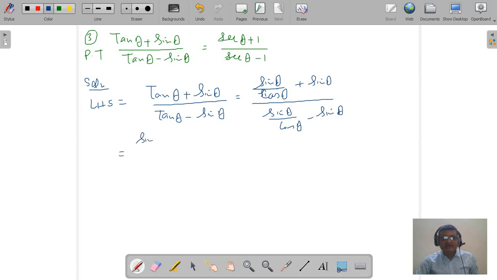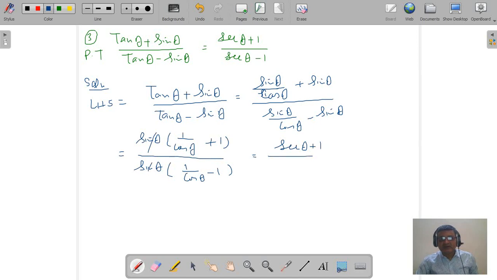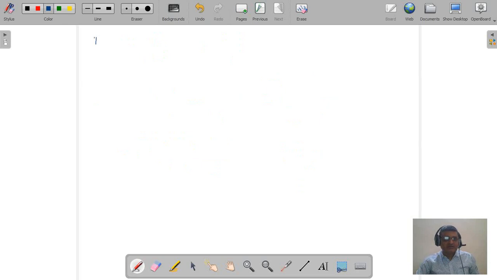Now we are taking sine theta common from the numerator, so 1 upon cos theta plus 1, and also taking it common from the denominator, 1 upon cos theta minus 1. So sine theta gets cancelled. So this is nothing but sec theta plus 1 upon sec theta minus 1. So you can see that we have just proved it. So we are using these identities. Now question number 4.